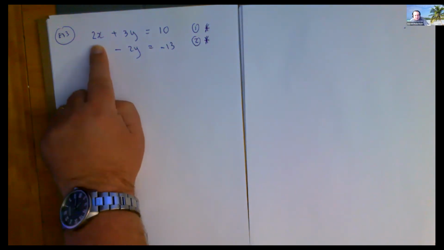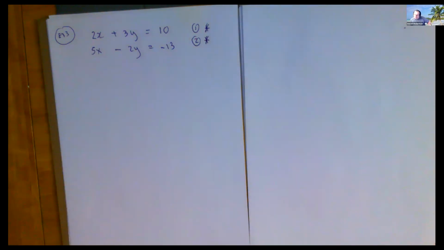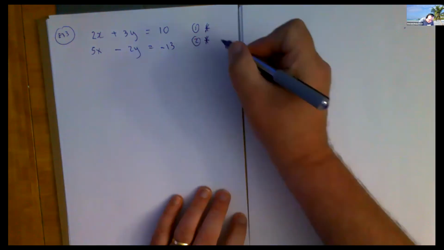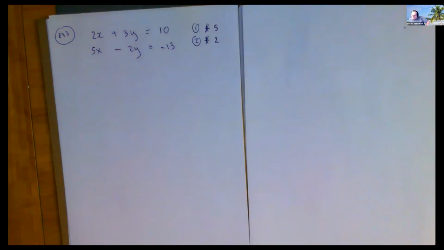So now, since we've committed to getting rid of the x's, we have to figure out what to multiply the top equation by, that's the 2x, and what different number to multiply the 5 with. Actually, it's kind of easy to do. Now, do you see those two numbers I'm going to multiply, the top equation by 5 and the second equation by 2? Can you see where those two choices came from?